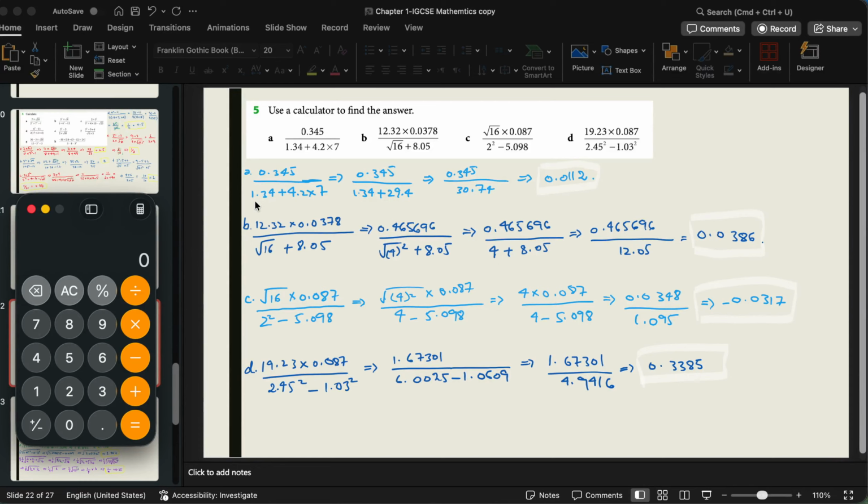So 1.34 plus 4.2 multiplied by 7, we have to do the multiplication first before we do the addition, although the addition comes first in the denominator. So 4.2 multiplied by 7 we would do through our calculator, and we get 29.4.